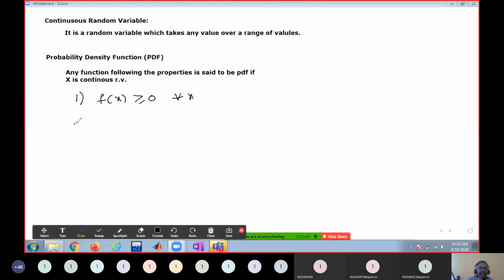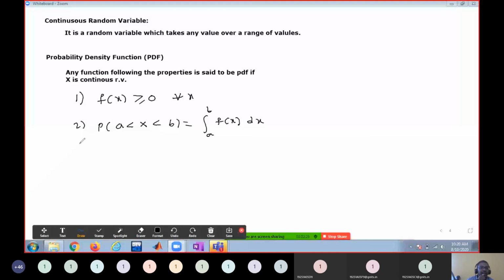Second one, the probability that a less than x less than b is given by the integral from a to b of f of x dx.